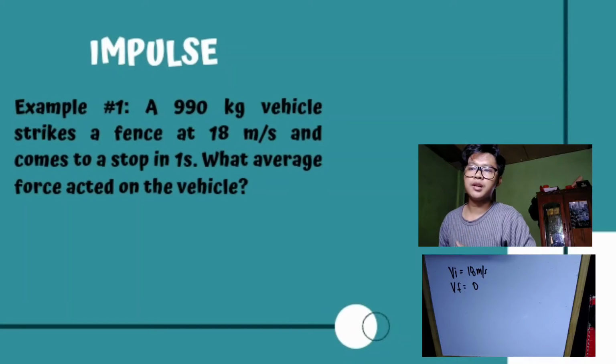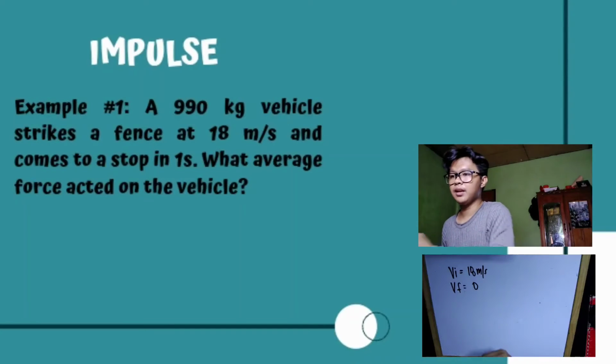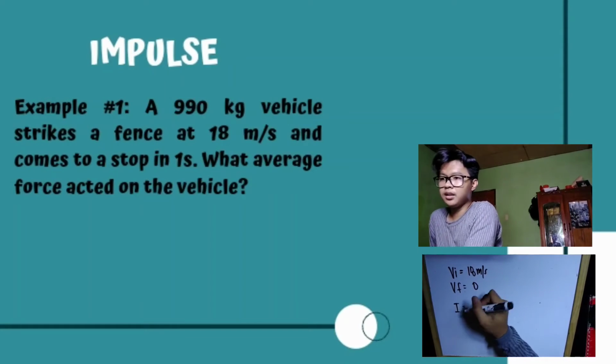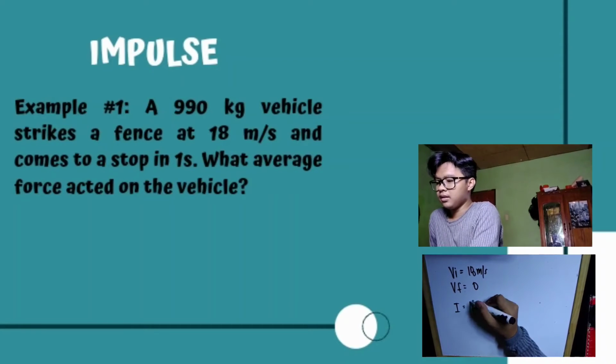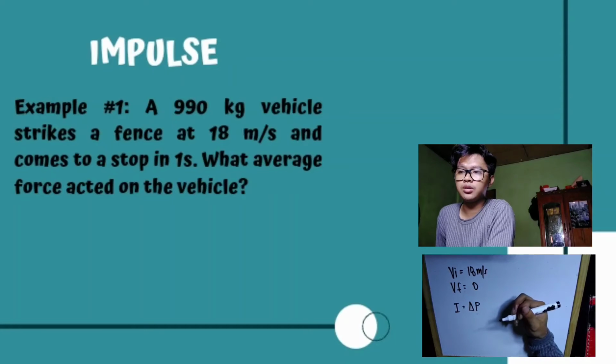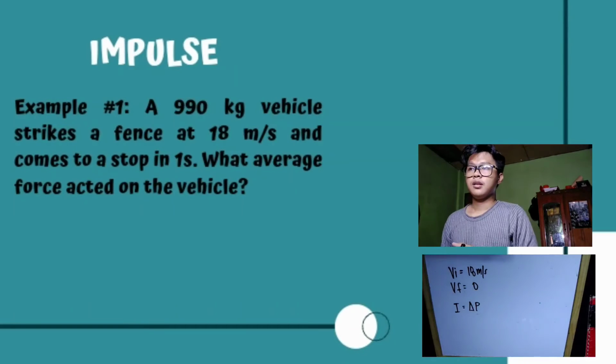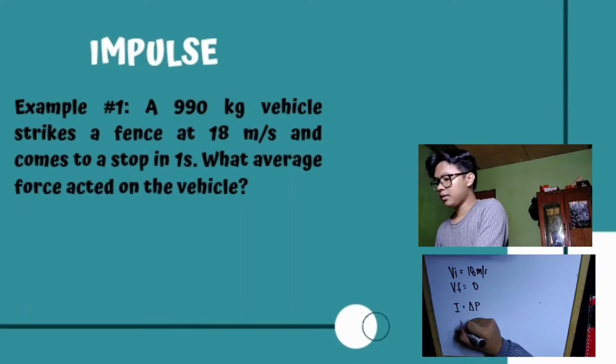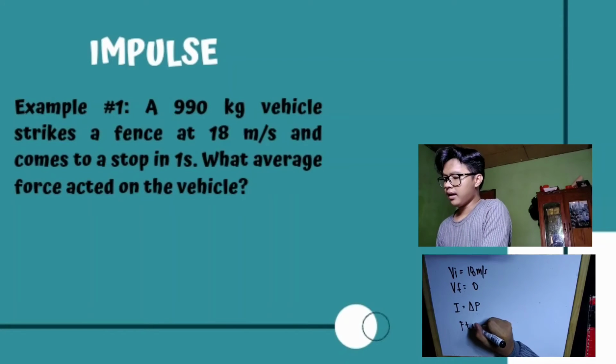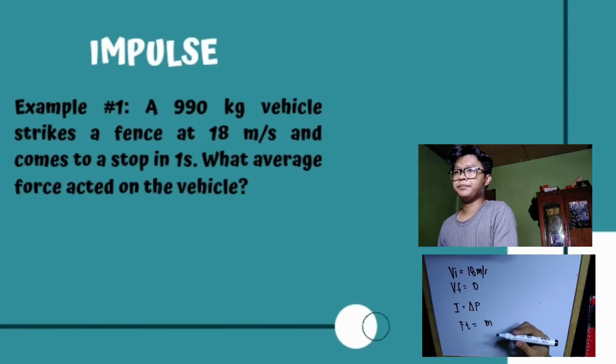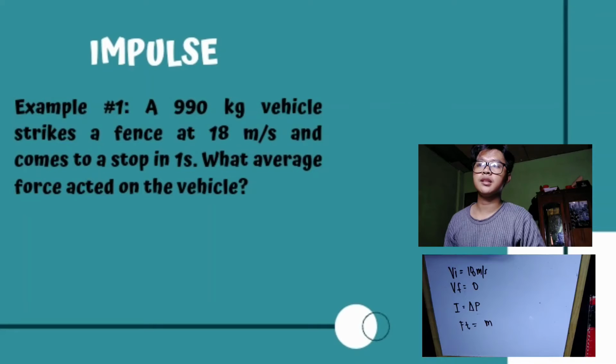Then, using the impulse-momentum theorem, we have I equals delta P, or simply expand natin yung equation. So we have now Ft equals sa m. Isang object lang ang kino-consider natin, so isang mass lang ang gagamitin natin. Pwede na natin siya i-factor out.